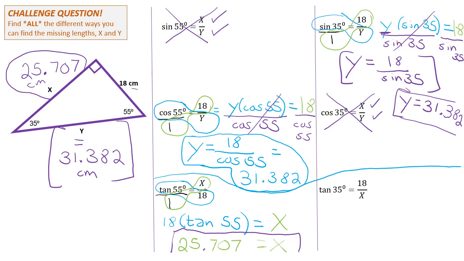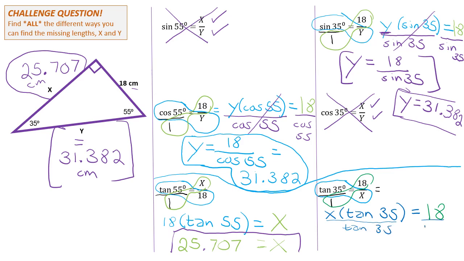So as you've probably already noticed with this pattern, if I do the same thing over here with the tangent of 35, it's going to give us the same answer. So if I do some cross multiplication, x times the tangent of 35 equals 18 times 1, which is 18. I'm going to divide both sides by the tangent of 35.